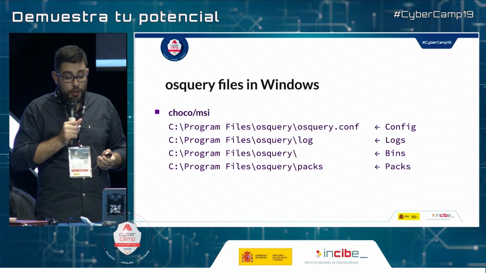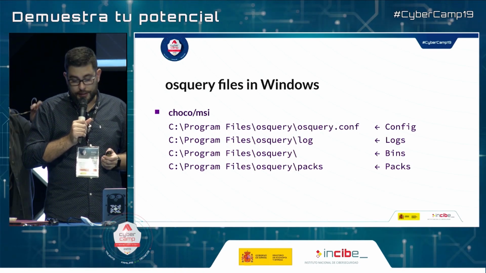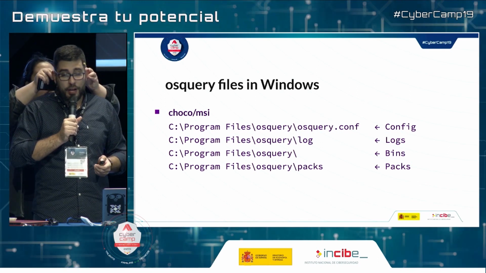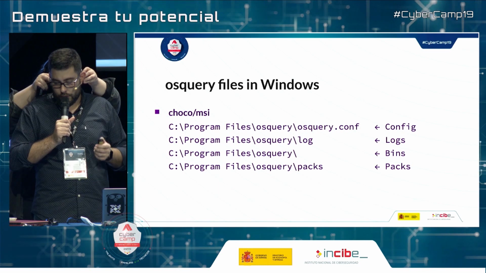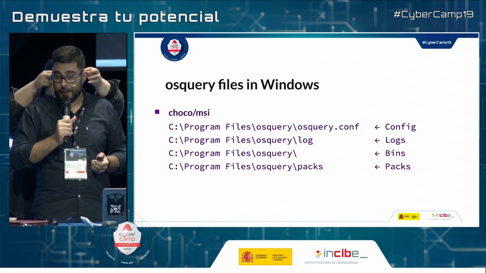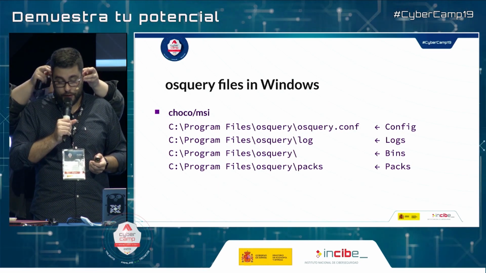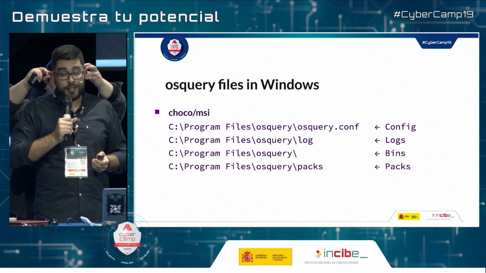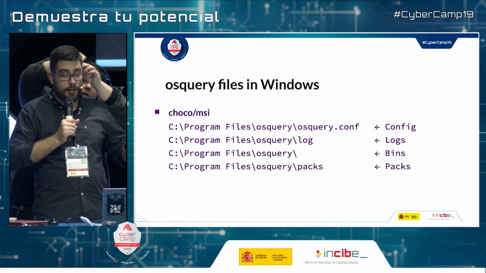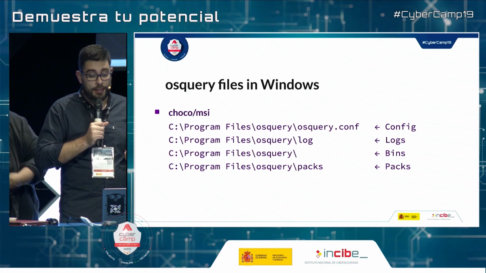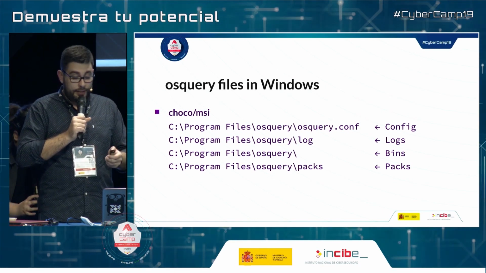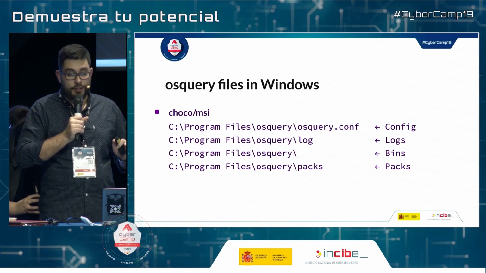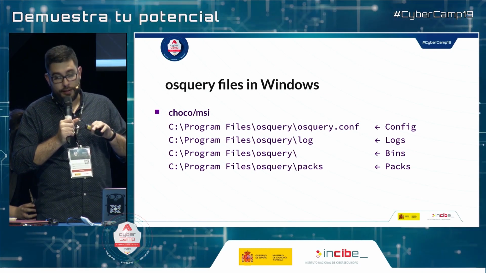And last of all, for those of you using Windows, there's an interesting point in that the first CVE that came out was for a range of privileges in the directory that was previously being used, because this was ProgramData.